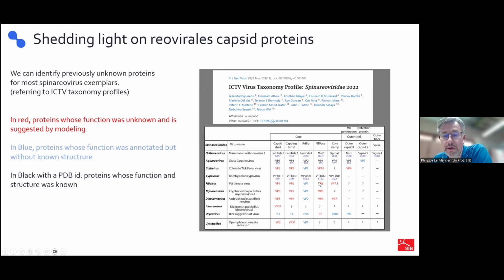Okay, so it's kind of huge, as you see, and it was just done on one class of viruses, but it could be done on many others. It could be done on phages. So the whole field is open to expand a lot of our knowledge of function of viral proteins.